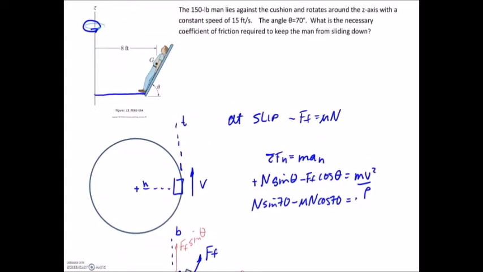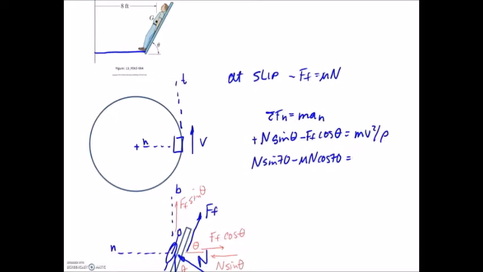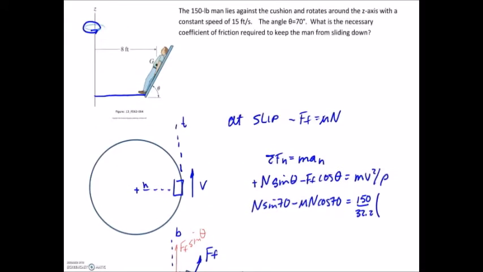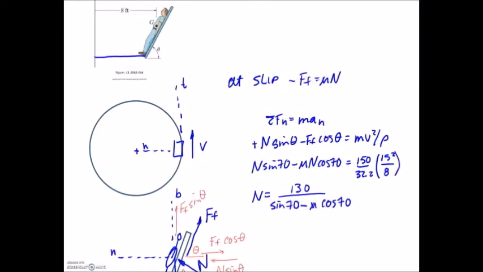This guy has a weight of 150 pounds, so the mass is going to be 150 over 32.2. The velocity was given as 15, so 15 squared, and rho is 8 feet. All right, so we'll put all these things together and we'll see that the normal force is described like this.